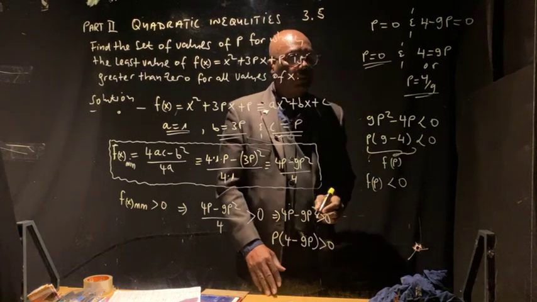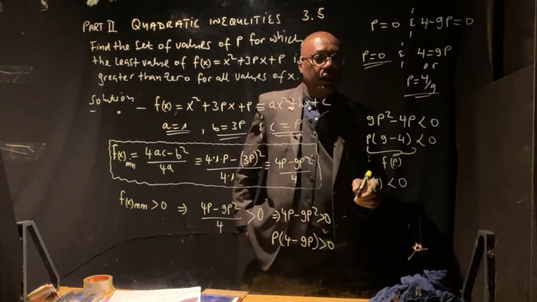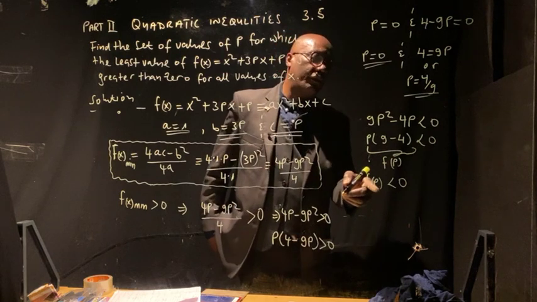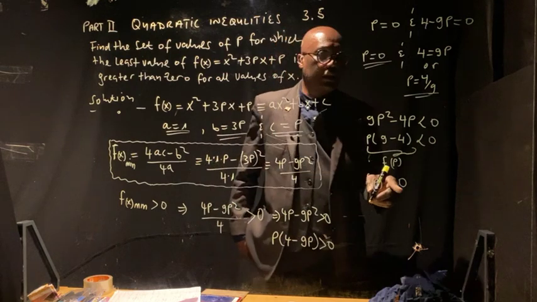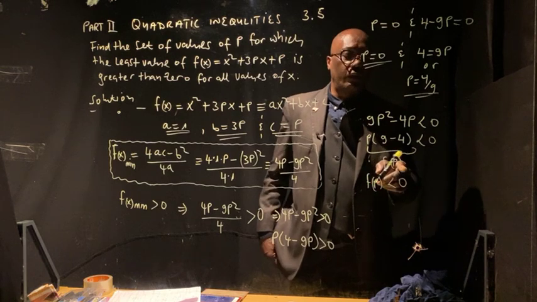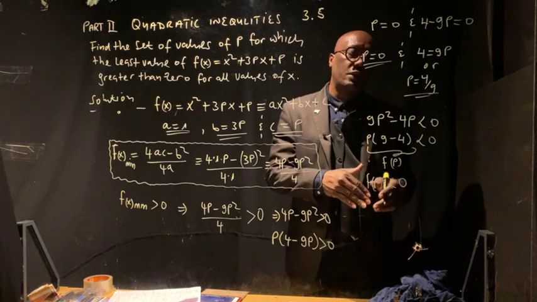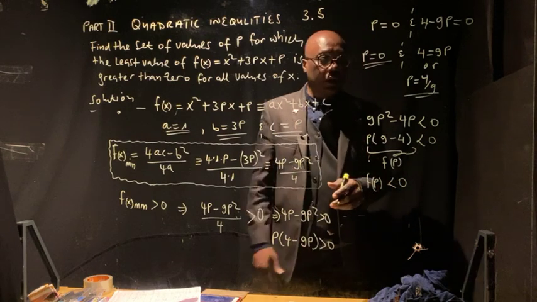But from the previous analysis, we say that when a function, let's say f of x or f of p or whatever, is less than 0, then it will be that section of the curve below the x-axis whose x values we are going to consider.